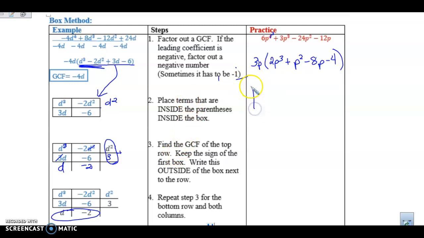So now let's draw our box. I have 2p to the third power plus p to the second power minus 8p minus 4. These each have 2 p's. So that means that's gone, and there's only 1 p left here.